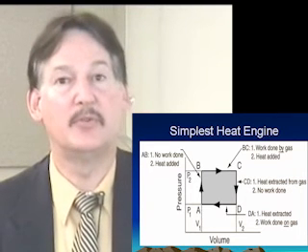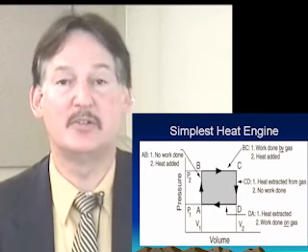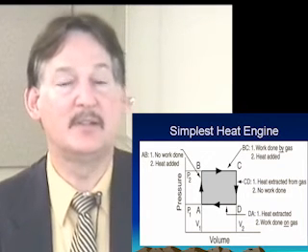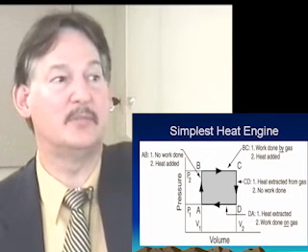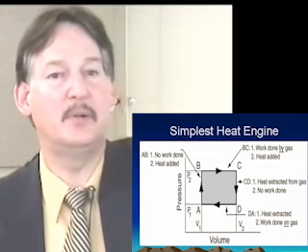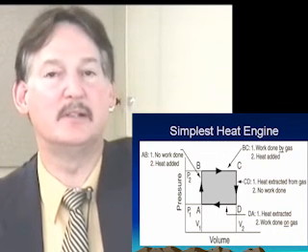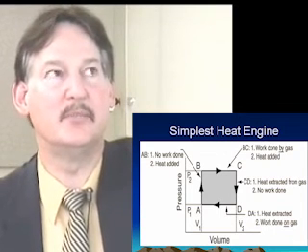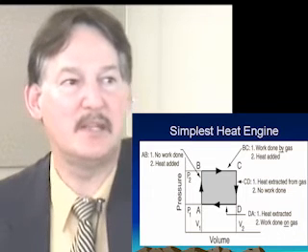That area goes all the way from the line BC, sweeps down to the axis, volume V equals 0 axis. And that area represents the work done in going from point B to point C.